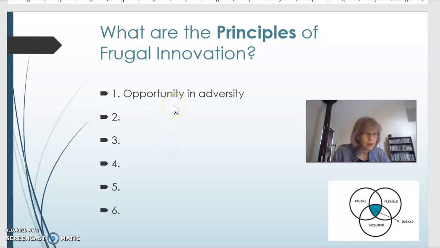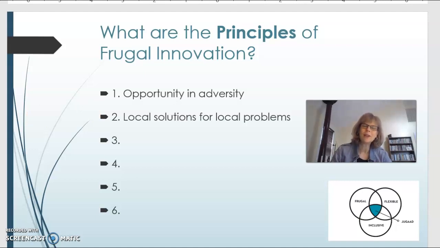So opportunity and adversity, that was one of the first principles that they talked about. And of course, I'm in paragraph 2, where they say frugal innovation is really based on a set of principles. And the most important one is how to treat adversity. There's opportunity in adversity. And the second principle was local solutions for local problems.